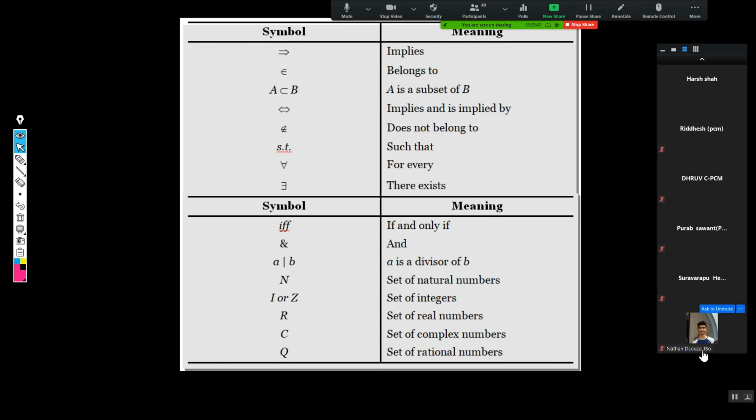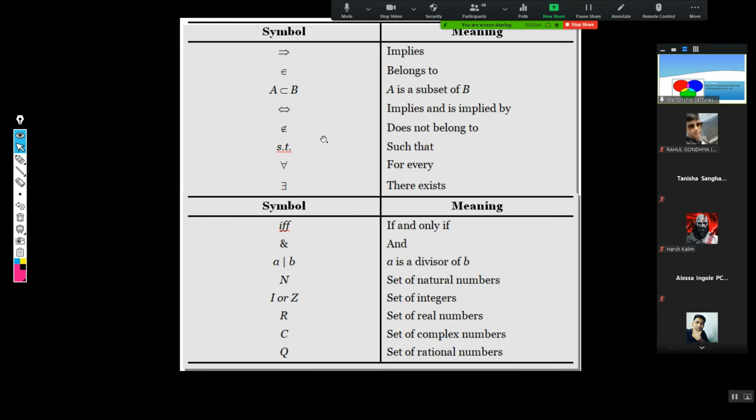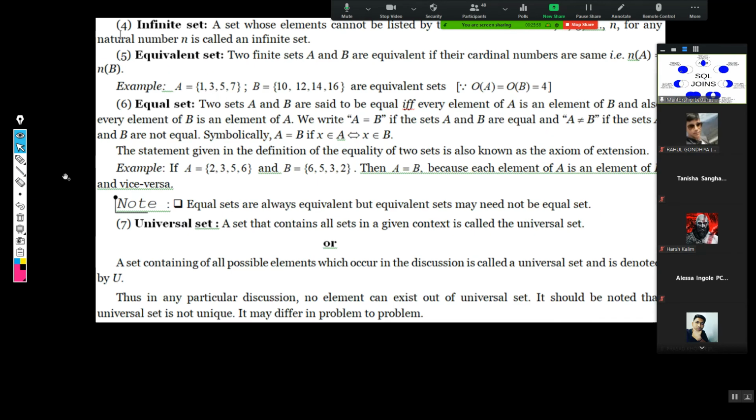Now, these are the symbols, and this is a frequently used one: IFF stands for if and only if. And how do we understand this?